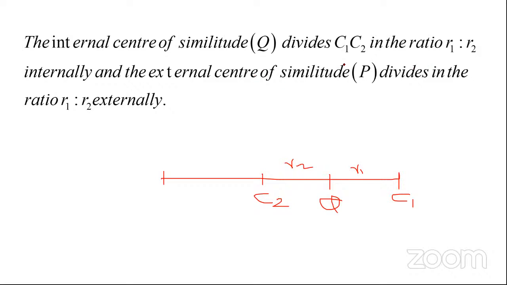The external center of similitude P divides C1C2 in the ratio R1 is to R2 externally. This is internally, this is externally, as we know from the point of trisection.